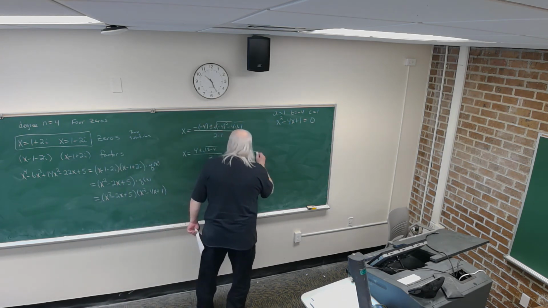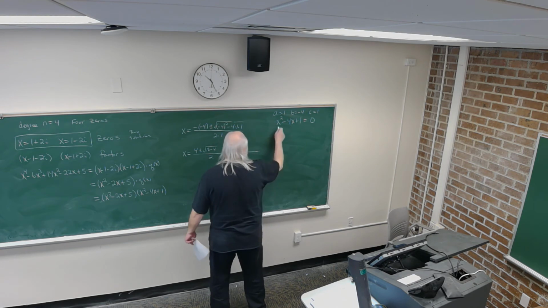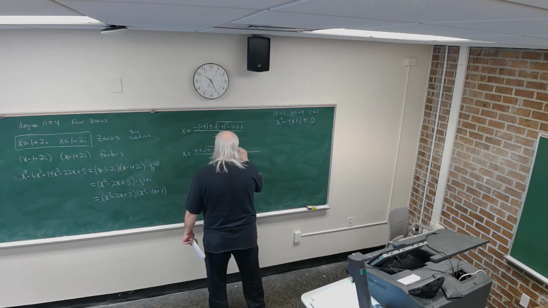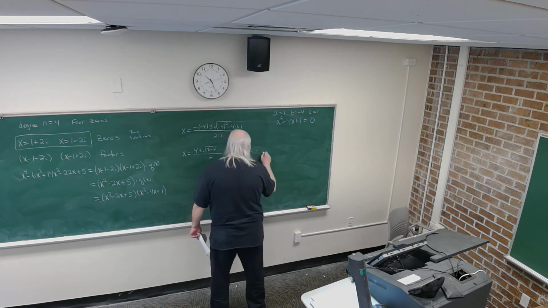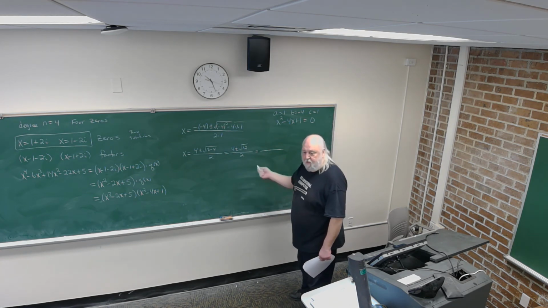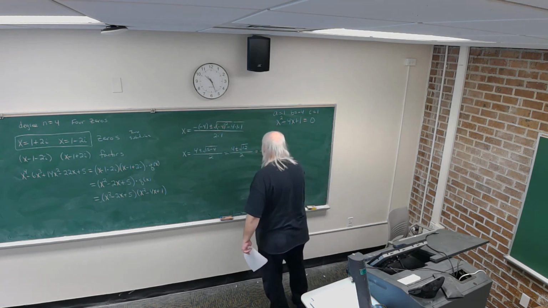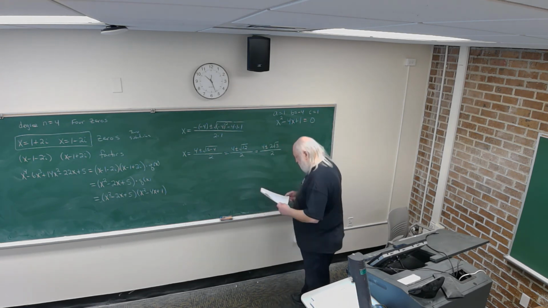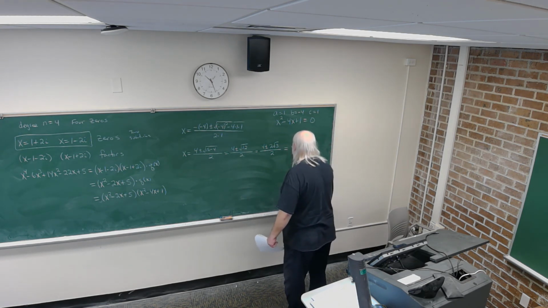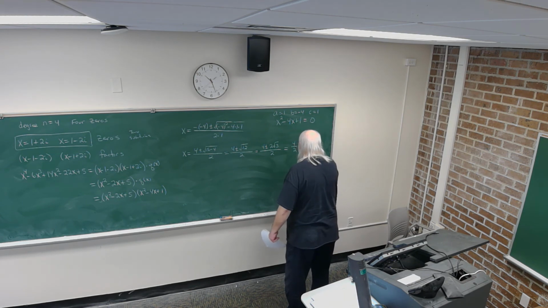So the values of x that make this quadratic equal to 0 are not complex numbers. 16 minus 4 is 12, but 12 is equal to 4 times 3. The square root of 4 is 2, so this radical reduces to 2 times the square root of 3. So this is equal to 4 over 2 plus 2 root 3 over 2.